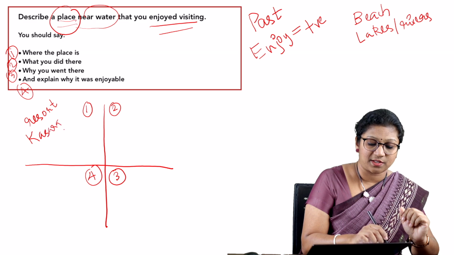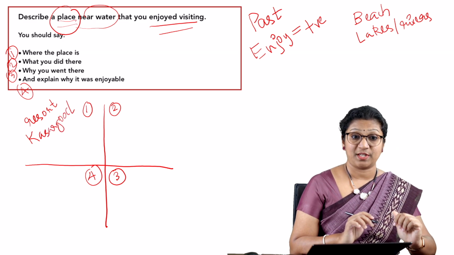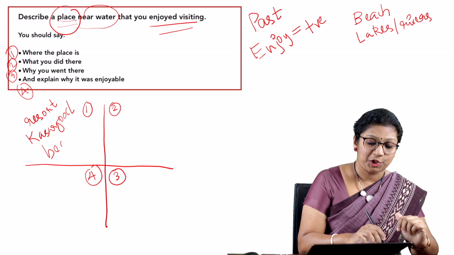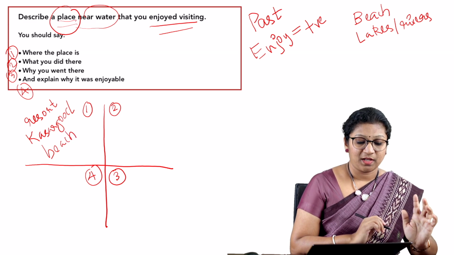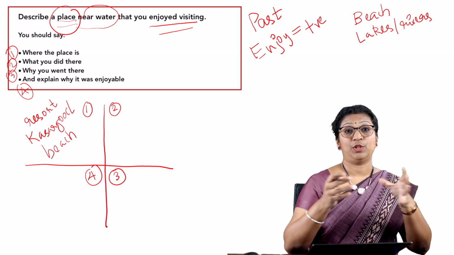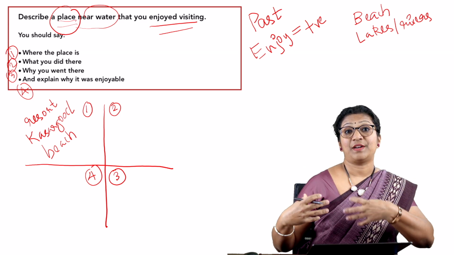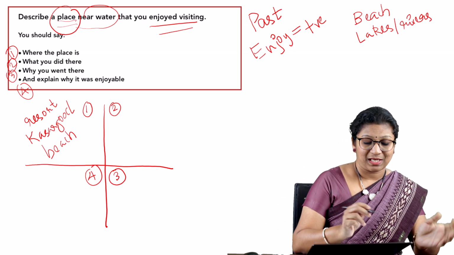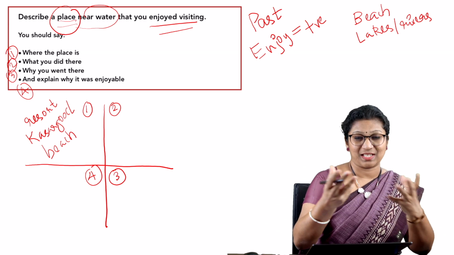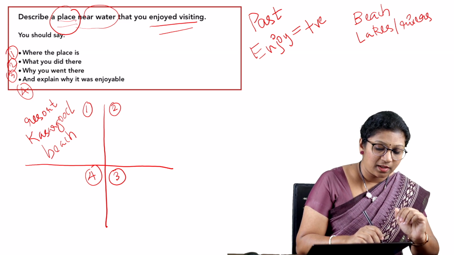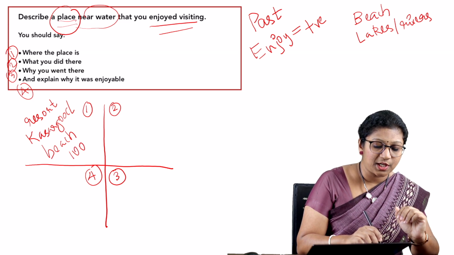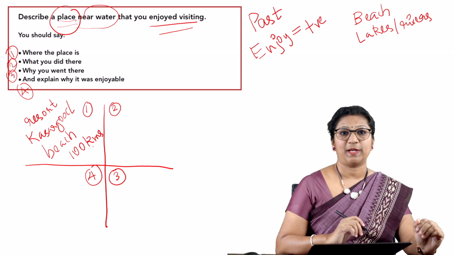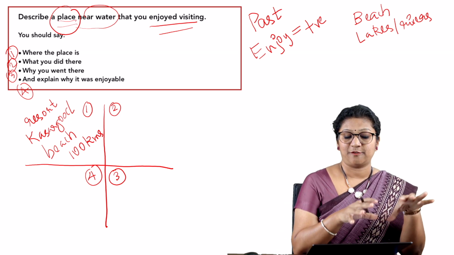So I write down Kasargod, and I've written a resort. Maybe I'll add the word beach. Maybe I'll add some distance to show how far it is from the place where I live. So let's say approximately, this is just an example that I'm giving you, 100 kilometers. Okay, so you make notes like this for the first question.